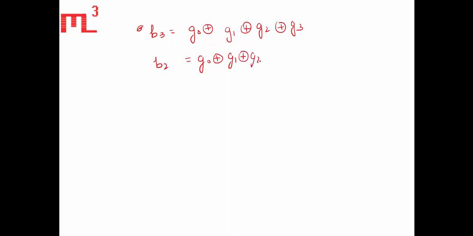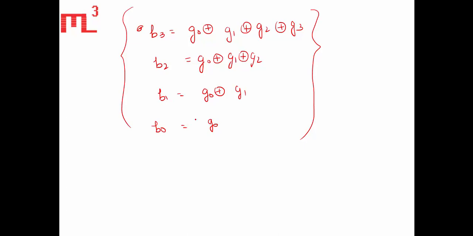In a similar way, we can say that B3 is G0 XOR G1 XOR G2 XOR G3. Summarizing this, B2 is G0 XOR G1 XOR G2, B1 is G0 XOR G1 and B0 is G0. So these are the conversion equations for gray to binary conversion.